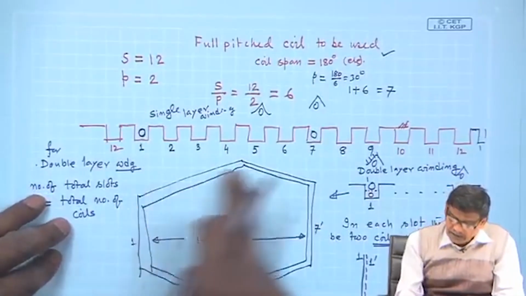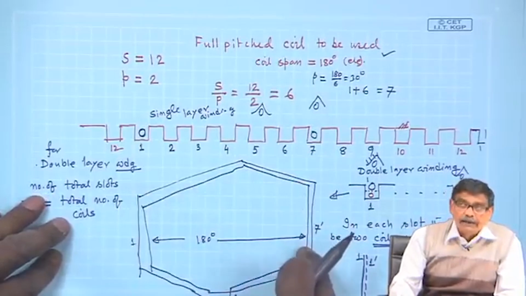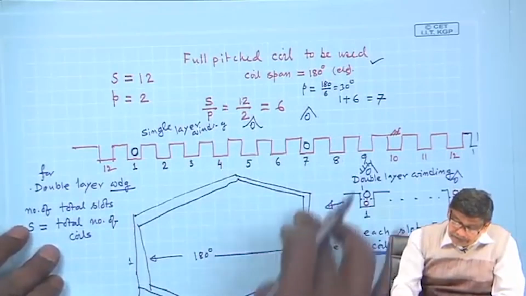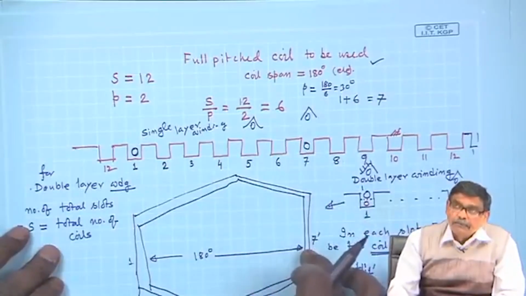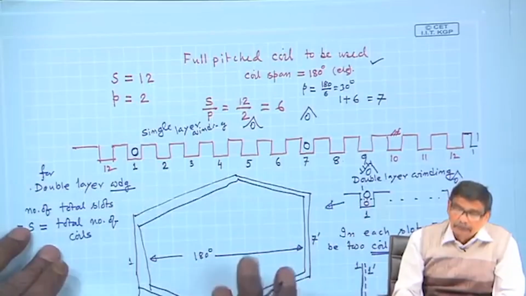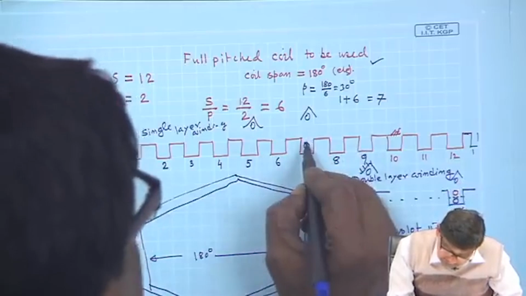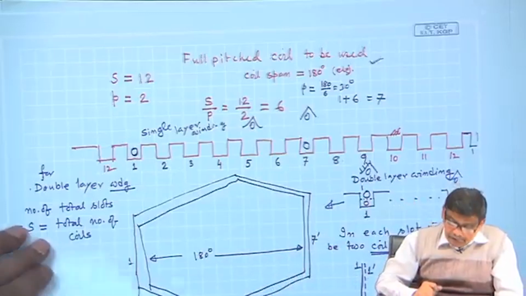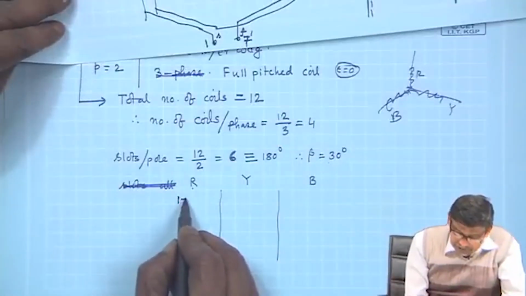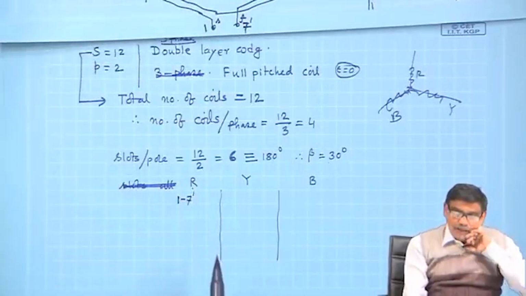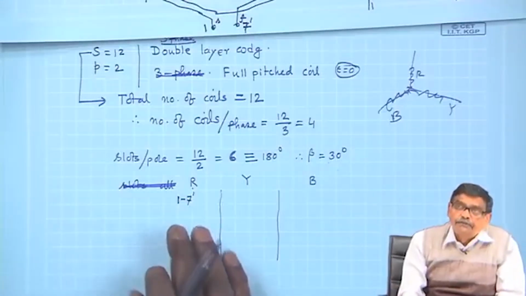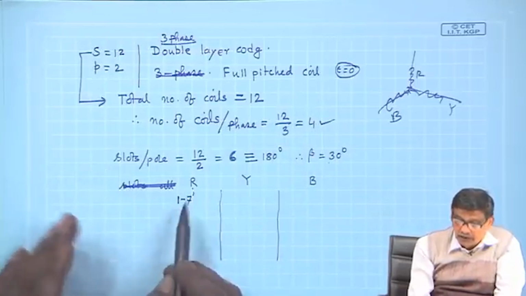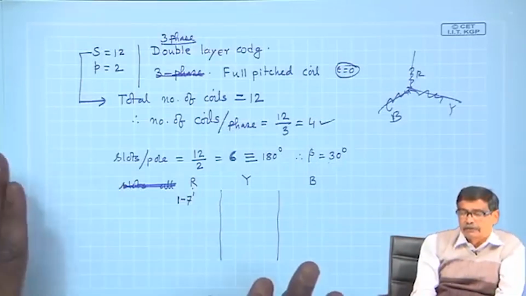Same example, 1 must return through 7, but if this 1 is on the upper deck, returning 7 coil side, I will name it as 7 dashed, 7 prime, because it will be below. From top you cannot see it, you can see the other coil side which will eventually be placed in the upper deck. We will see that. So, this coil I will simply write as 1 7 dashed. So, I have started my R phase, there will be 4 coils, we know before doing anything else. So, 1 coil is put in its place, 1 7 dashed.